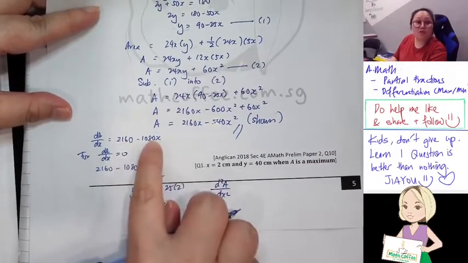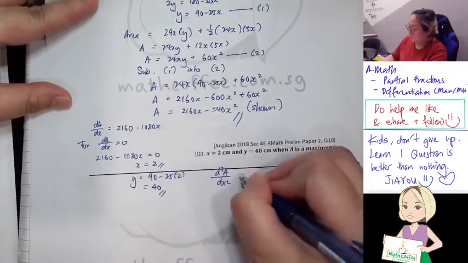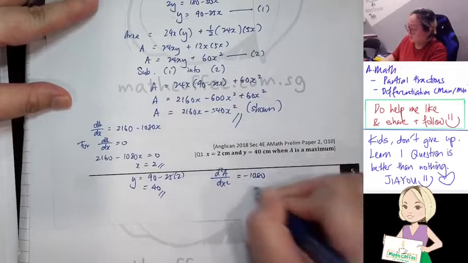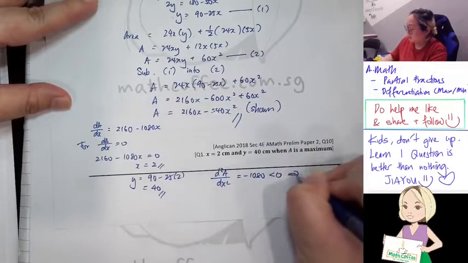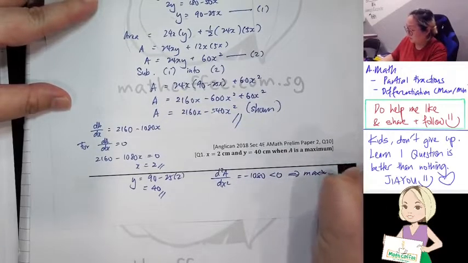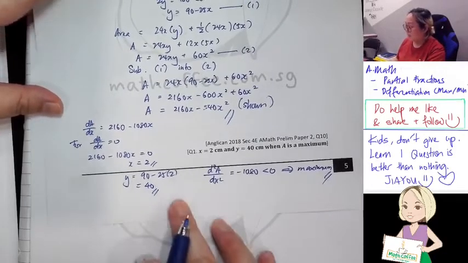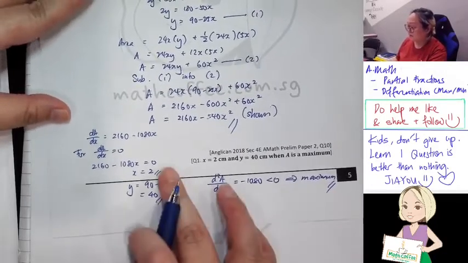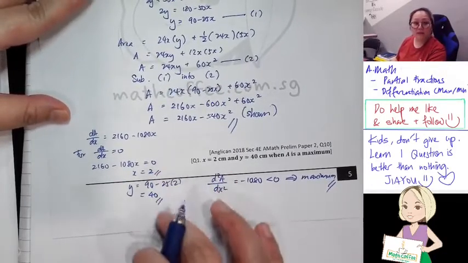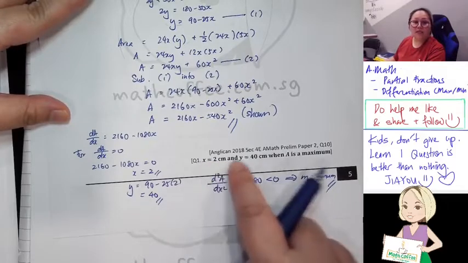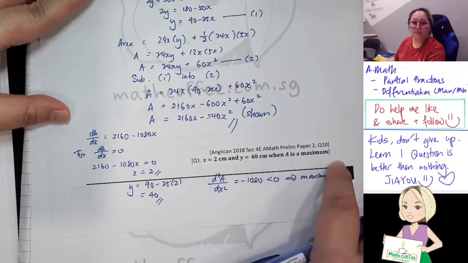Differentiate this, you get straight away negative 1080. And since this is less than 0, therefore we know that this is a maximum. Done. So I have proved that it is a maximum, and I have found the x and the y. So that's the answer. x is 2 cm, y is 40 cm, and A is a maximum.